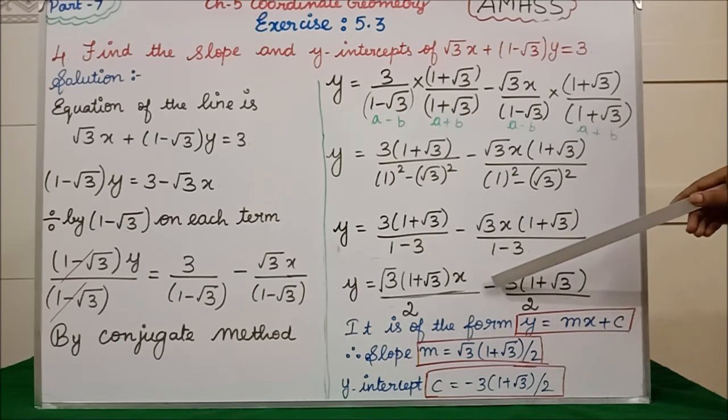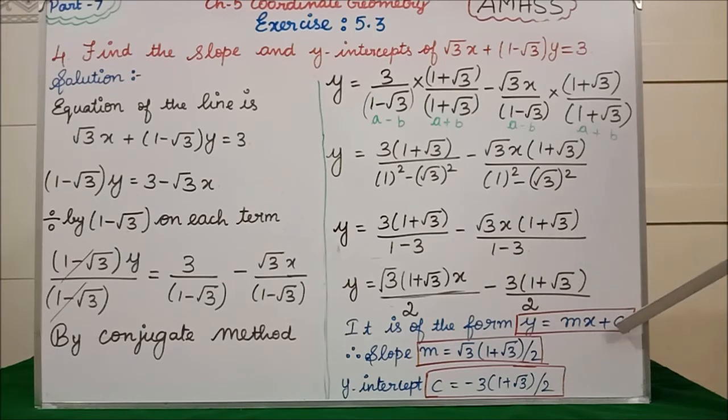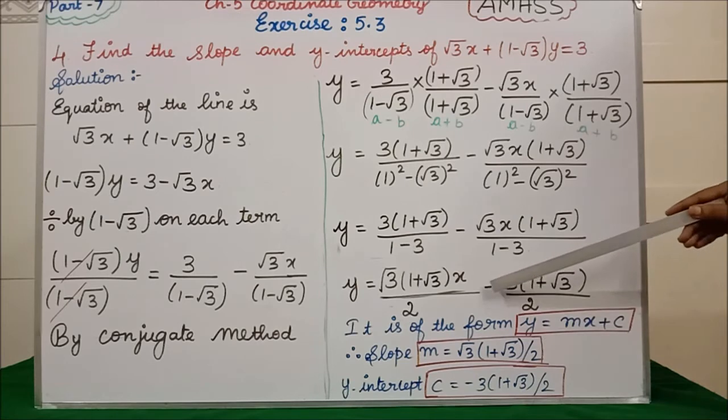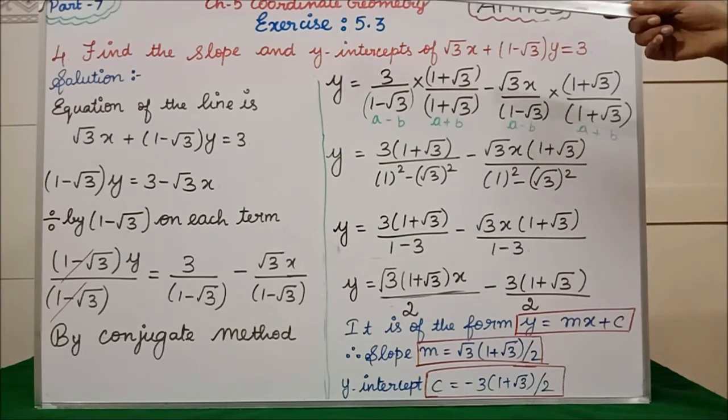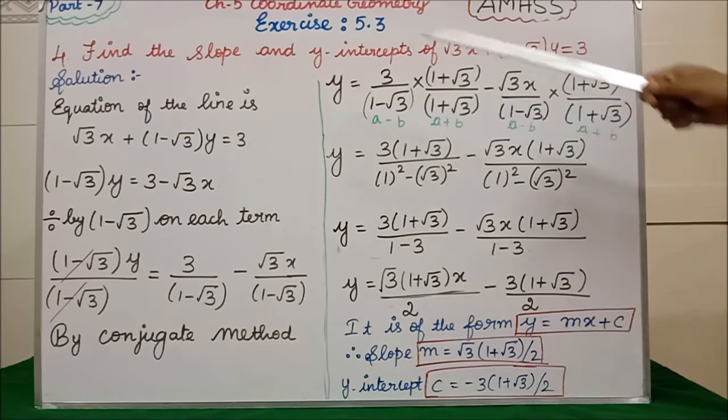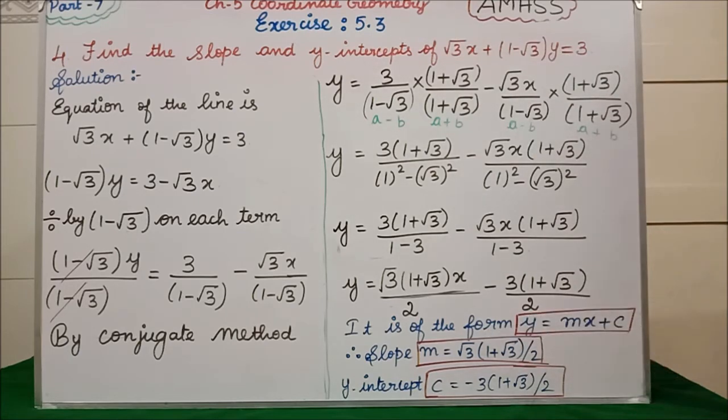Clear? This minus also you have to include, because in the formula we are having plus c, but if you see the c value we are having minus. So from minus you have to write the c value. Clear, students? Clear all of you? From this, when the question was asking slope, we have got slope, and y-intercept c also we have got. This fourth question is over.